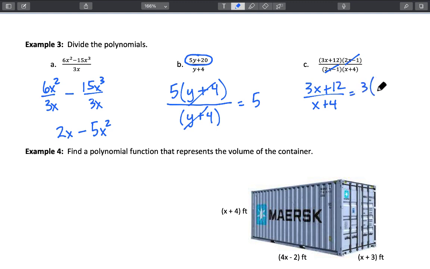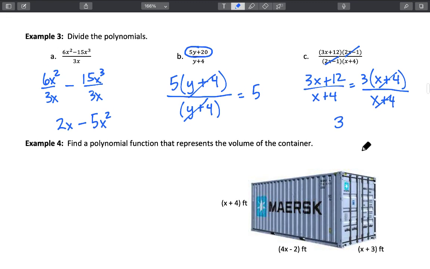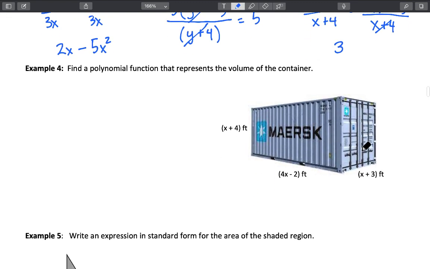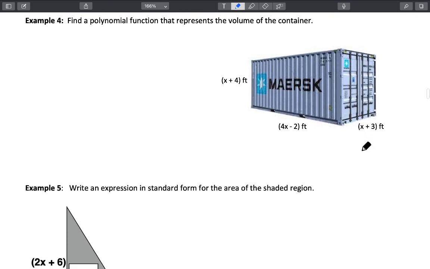And that number is 3. When I divide out a 3, I'm going to be left with 3 times x plus 4. And that's going to be divided by x plus 4. Now I have the same thing in the numerator as I do in the denominator, so those reduce to 1, and my final result is 3. All right, dividing polynomials is very tricky. We'll get lots of practice in class.